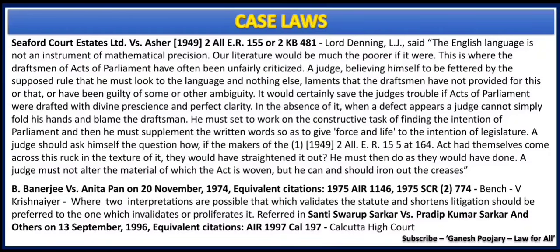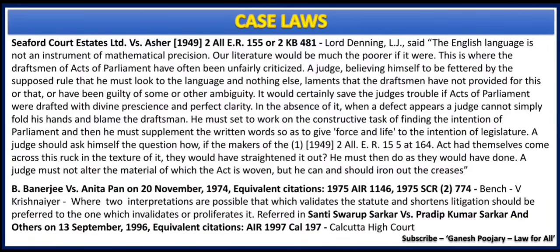The second case law, that is B. Banerjee versus Anita Pan. Here in this case law, Justice V. Krishna Iyer in the Honorable Supreme Court of India held that if two interpretations are possible, and among those two interpretations, one validates the statute and the other one invalidates the statute, in that case the preference should always be given to that aspect which validates the statute.